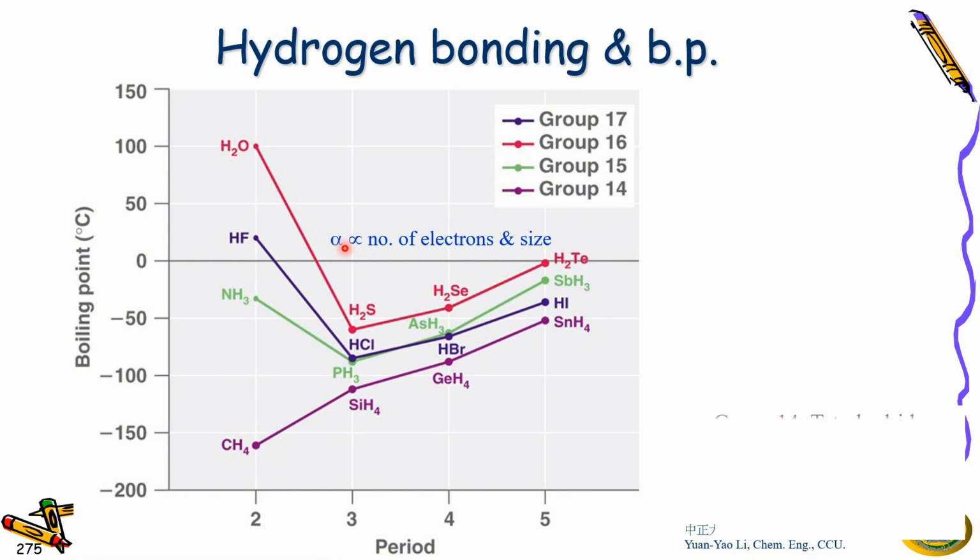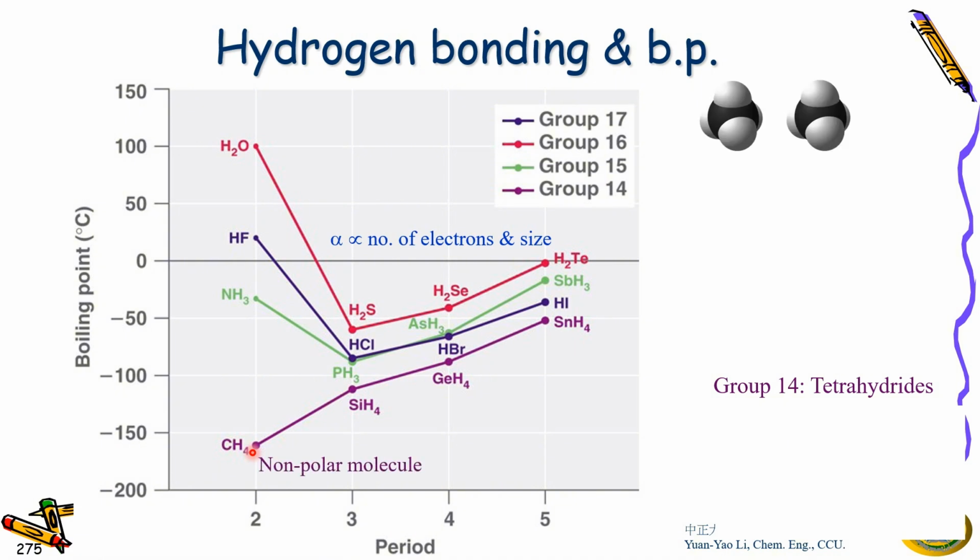If we take a look at group 14 in the periodic table, that means the 4A group, this is a tetrahedral structure. A tetrahedral structure looks like this. Of course, this is a non-polar molecule.